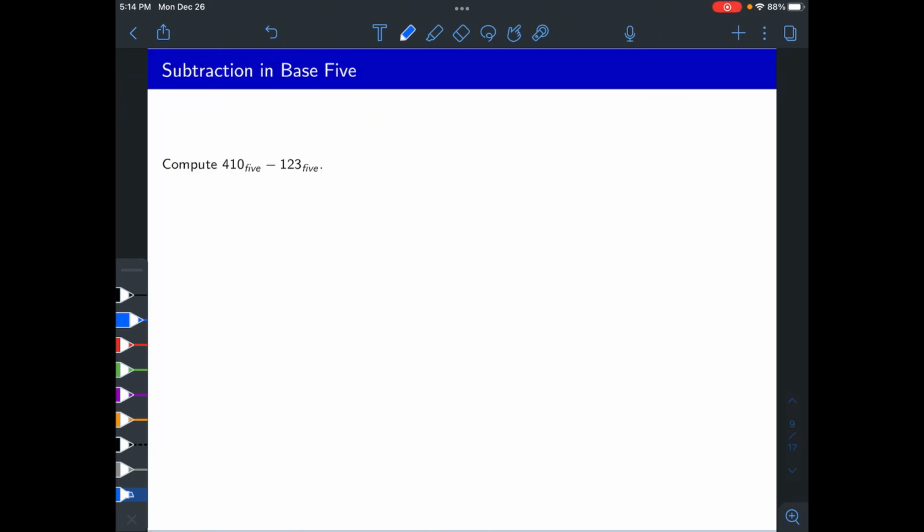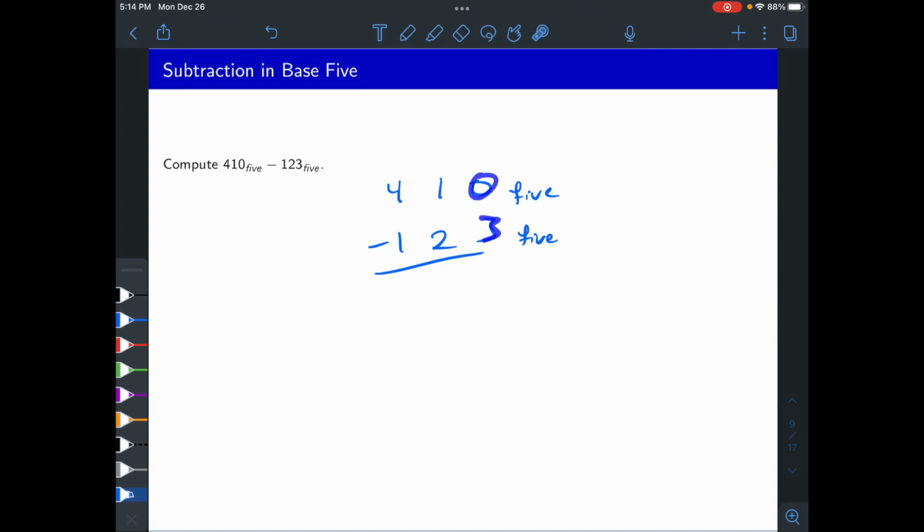So let's do this in base 5 now. So 4, 1, 0 minus 1, 2, 3 base 5. So I have 0 ones and then 3 ones, and I'm taking those away, right? So if I want to subtract, I'm going to need to borrow here.